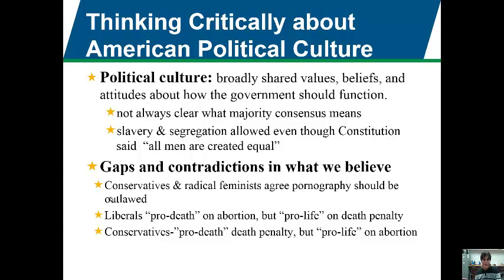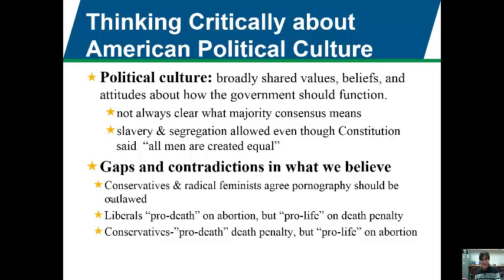So we've broadly valued equality ever since the founding of the United States. However, how that's played out in history was not always quite clear, and it wasn't quite clear what the majority really felt about equality, since you had half the nation not allowing slavery and therefore not allowing equality, and then the other half of the nation saying we need all men to actually be created equal. So the majority consensus is not always quite clear, even though we do value these types of things.